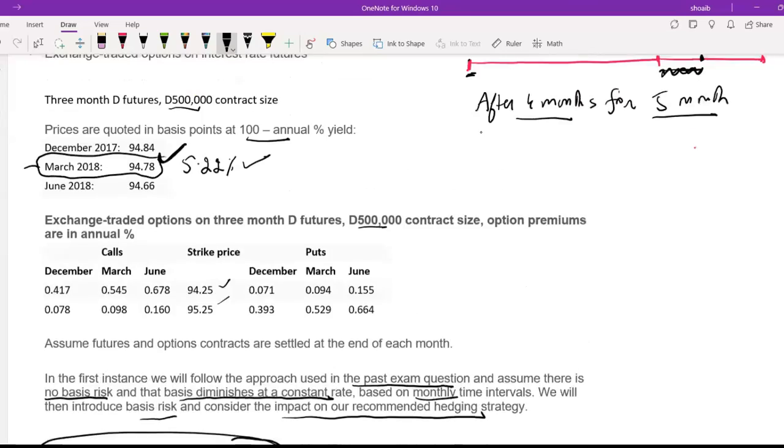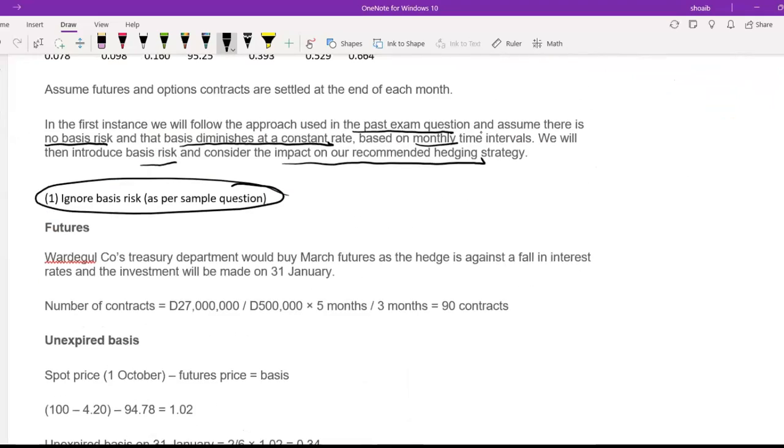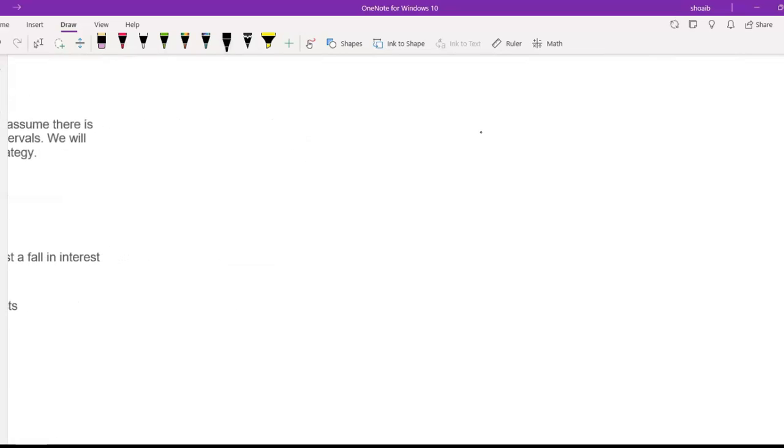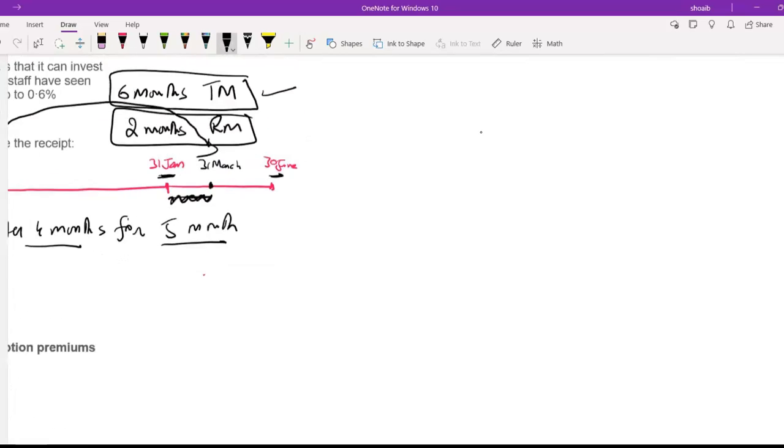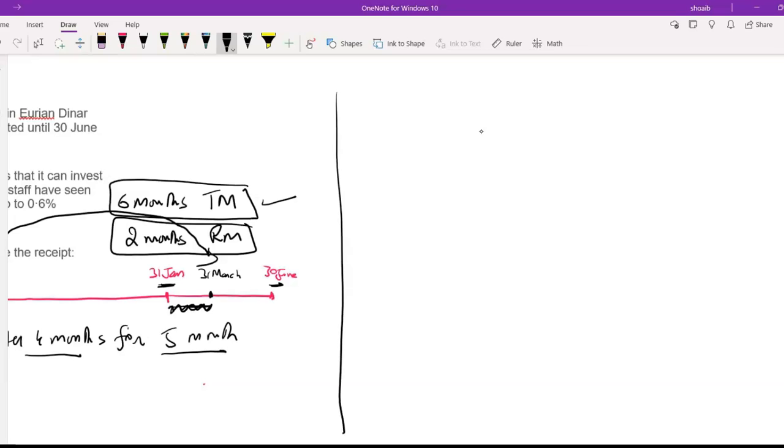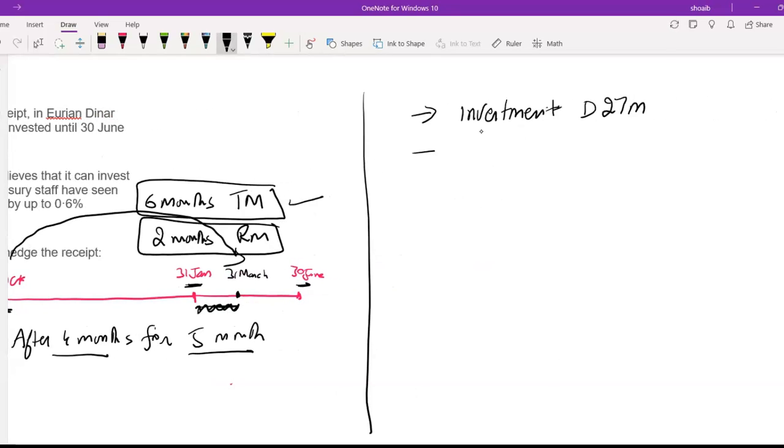How to solve this? Although the standard solution is given, let me solve it here. Number one step: this is the investment case. 27 million dinar.